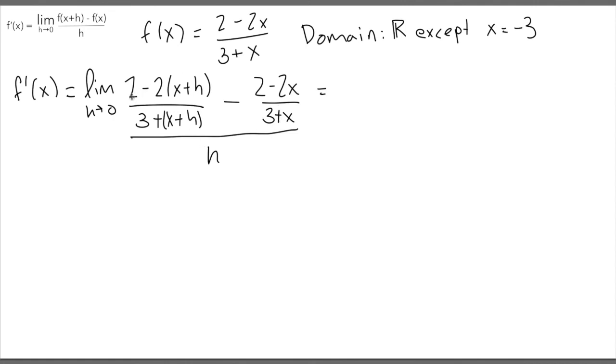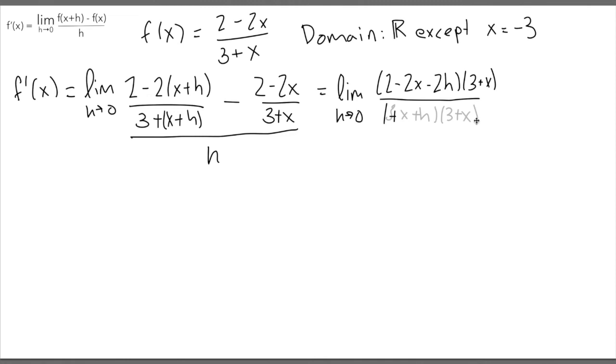Then I try to combine these by creating a least common denominator, and my least common denominator here is 3 plus x plus h, in parentheses, times 3 plus x. So in order to accomplish this, for the first fraction, I need to multiply it by both top and bottom by 3 plus x. So I have 2 minus 2x minus 2h times 3 plus x over 3 plus x plus h times 3 plus x.